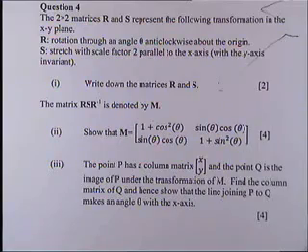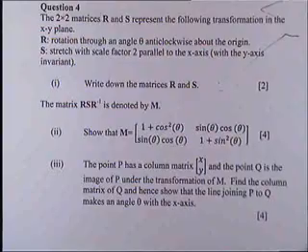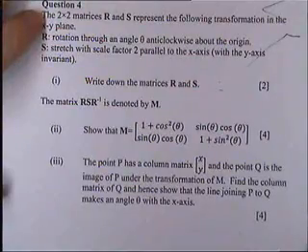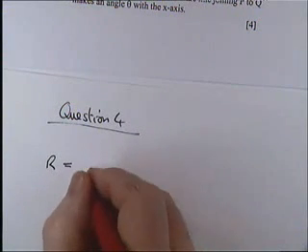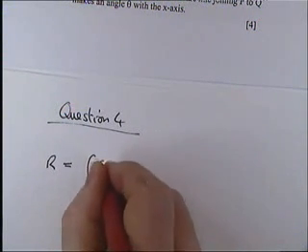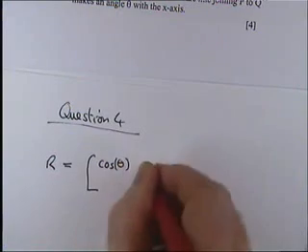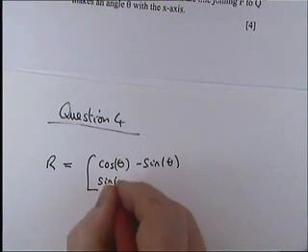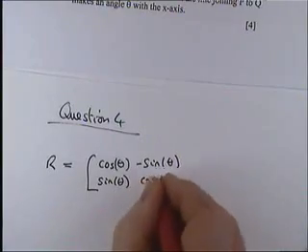Now, one of those marks is the easiest mark you're going to have on your FP1 paper, because you're given that anti-clockwise rotation matrix in your green booklet. So can you write down the answers for R and S? R is the rotation, so that's going to be cos theta, minus sine theta, sine theta, cos theta.